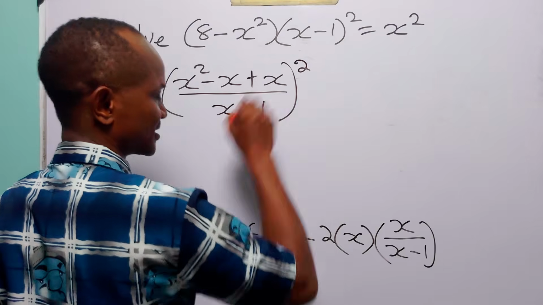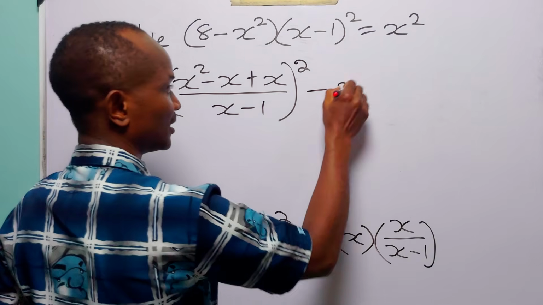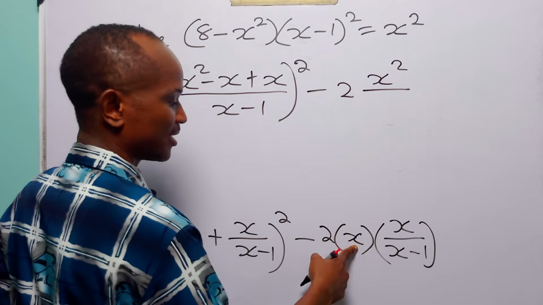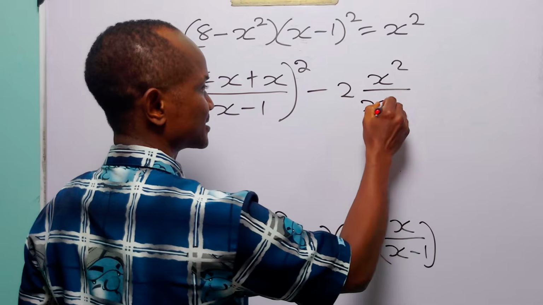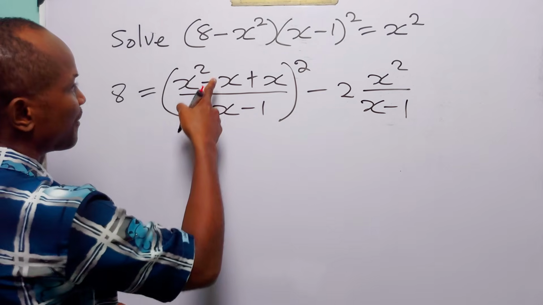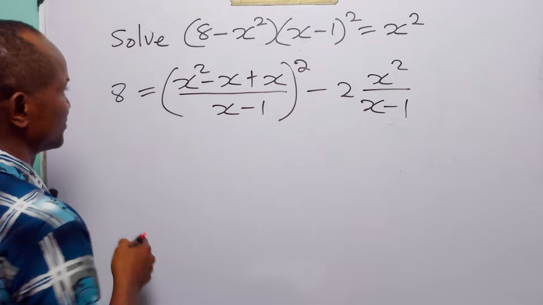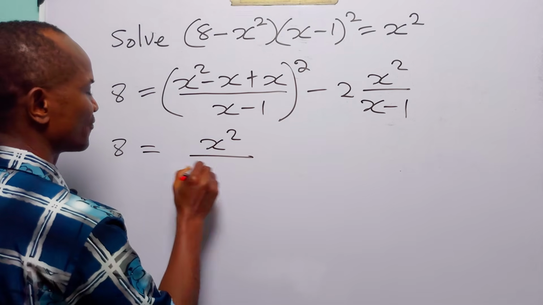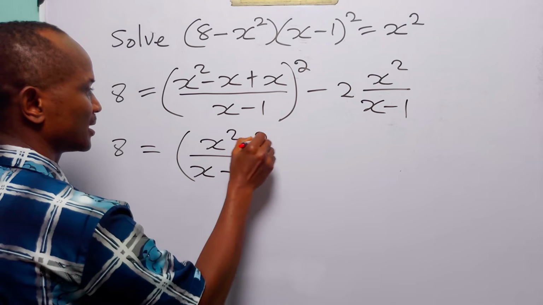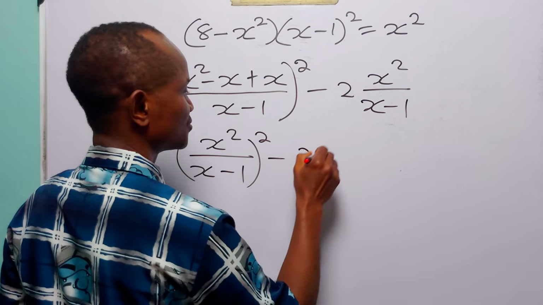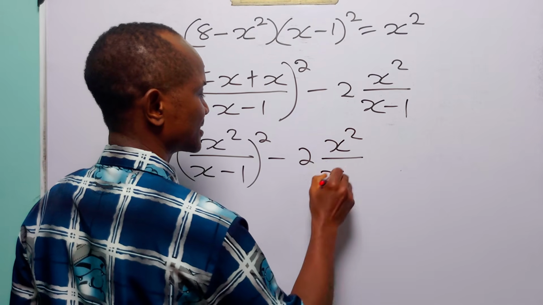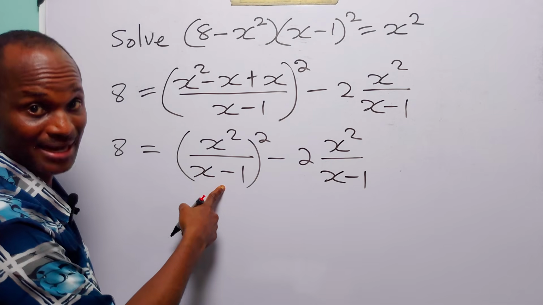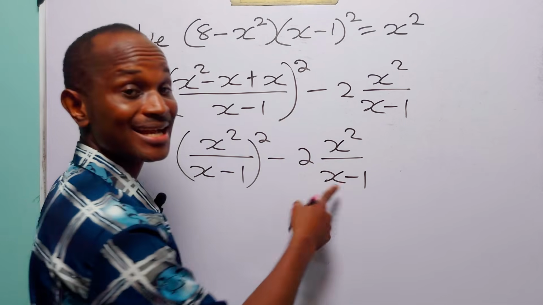And then of course this is squared, minus 2 times x², divided by 1 times (x - 1), that is x - 1. Minus x plus x is equal to 0. So we have that 8 is equal to (x² over x - 1)² minus 2 times x² over x - 1. Now notice that here we have x² over x - 1, and here we have x² over x - 1.